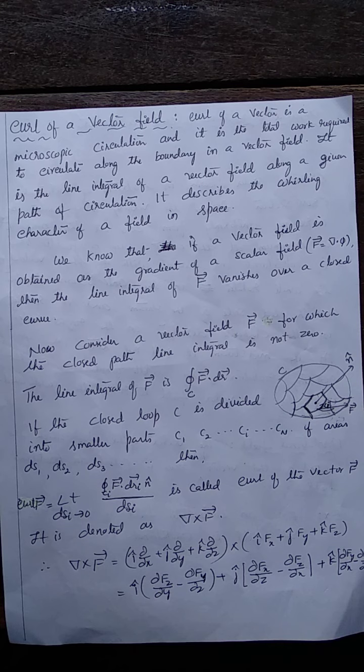So it is nothing but the circulation of that vector field, and it gives the total work required. Curl of a vector is nothing but the total work required to circulate along the boundary, along the given path in the vector field. What is the curl of the vector? It is the total work required to move along the circular path.